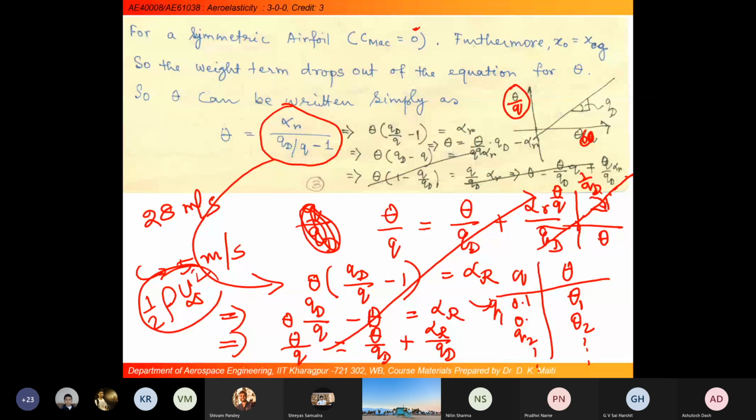Once I am able to measure the slope, I can take 1 by slope. This will give us the divergence speed experimentally.